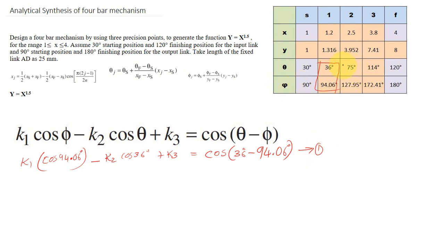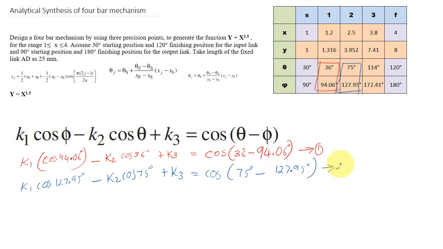Next, I am using these two values for writing the second equation: k1 cos 127.95 degrees minus k2 cos 75 degrees plus k3 is equal to cos (75 minus 127.95) degrees. This will be your equation 2.